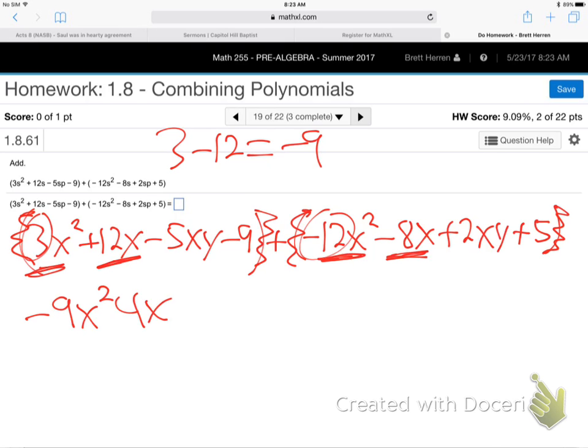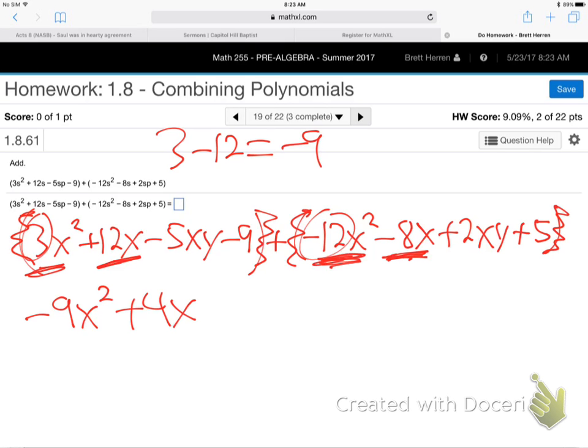If you just write a 4x right next to it, that actually means times. If you put no symbol in there, that means 9x squared times 4x. That's not right. These guys were never timesing each other, were they? They were always plussing and minusing each other. You can't change it to suddenly be times like that. You have to just keep a plus or a minus. It's plus because of 12x minus 8x.